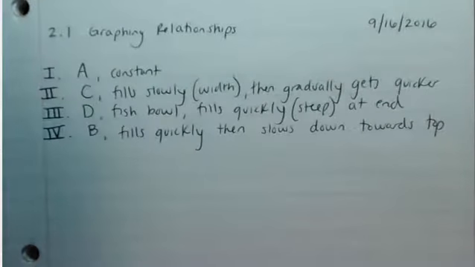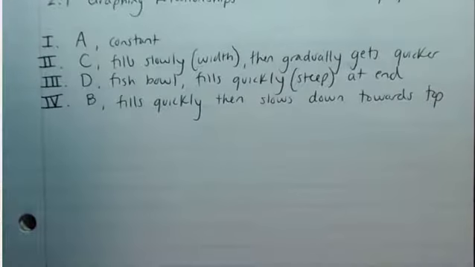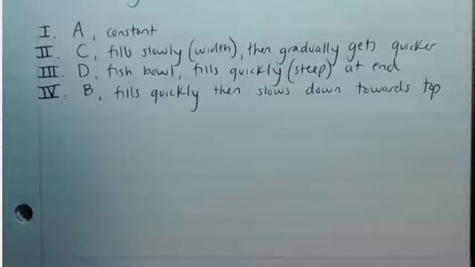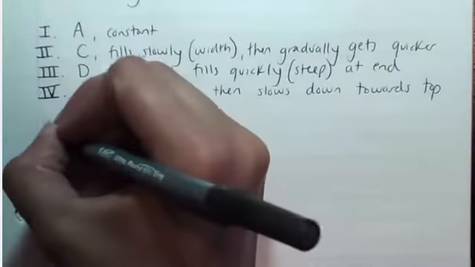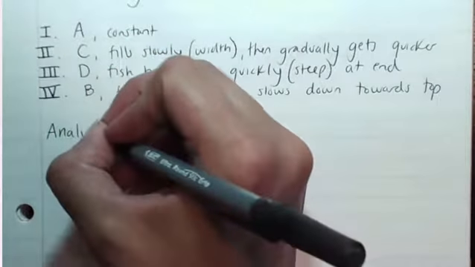So what we're going to do is, again, we need to make sure we're able to analyze a graph. Noticing how steep the line is and how narrow the container is, and what's happening, those are important things we need to do to analyze this graph. So we're going to talk about some things that we notice.